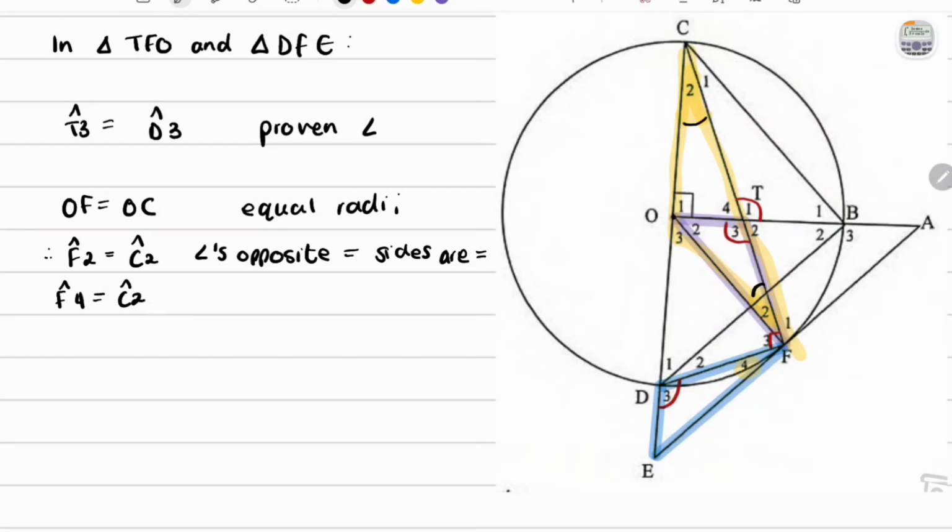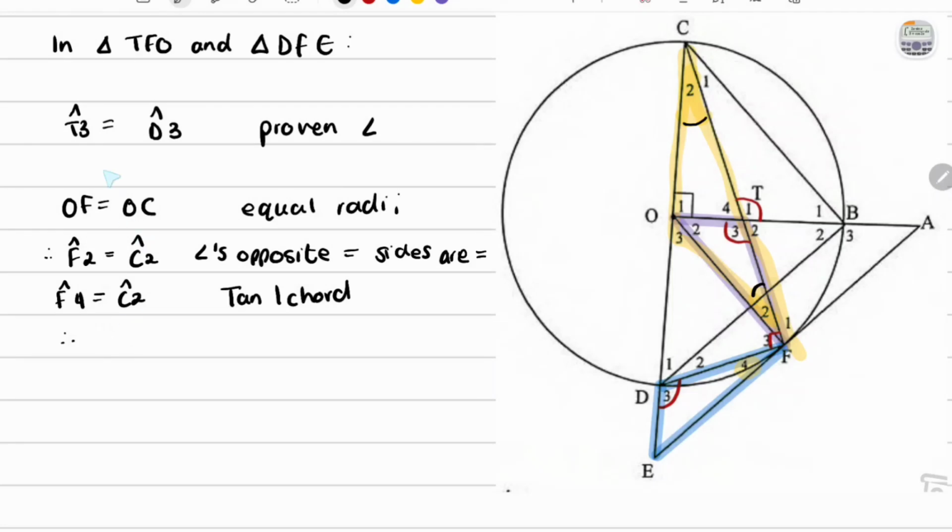It's interesting how the theorem you had to prove has a lot to do with the diagrams that we find. And I've noticed that pattern. So angle F4 is equal to angle C2 because of the tan chord theorem. I know I said the full theorem already before, so I'll just call it tan chord here.